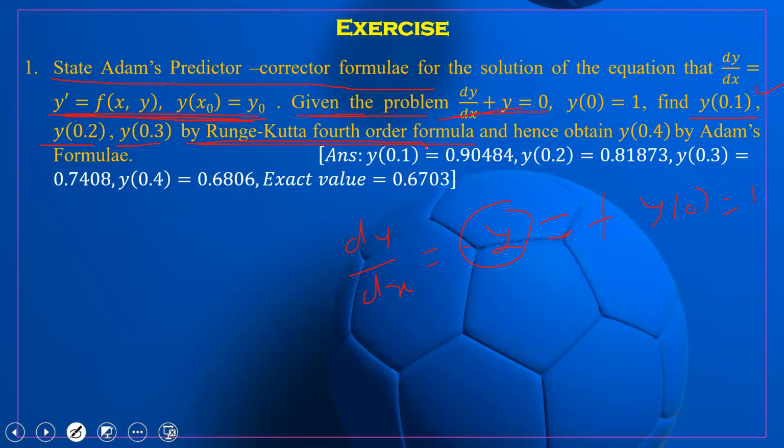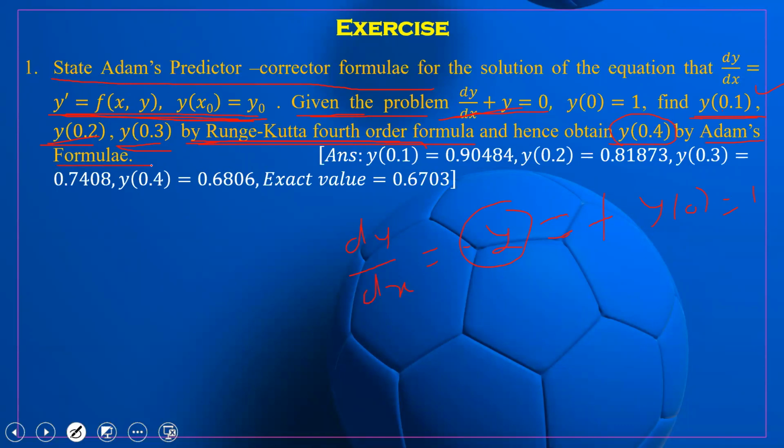With the help of this formula, we first have to find the value of y at 0.1, 0.2, 0.3, because at least 3 values should be given for the predictor corrector method. So we first calculate these using the RK method of 4th order, and hence obtain y at 0.4 by Adams formula. So we have used the Adams formula in this example.